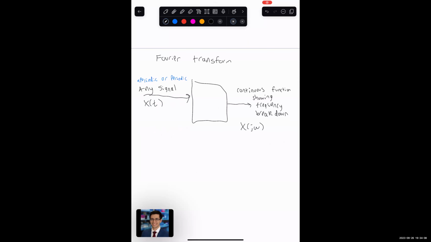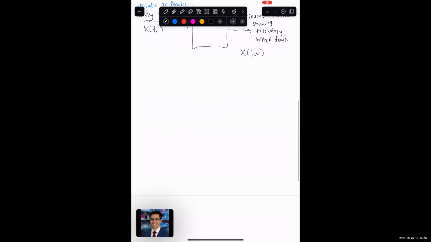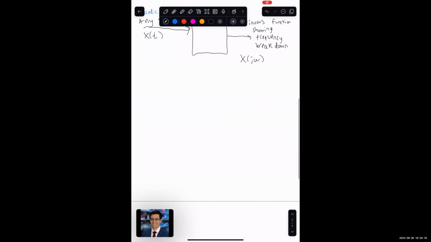Okay, so very briefly, I don't want to take up too much of your time, but just going over the formula really quick and showing you how it works conceptually. We're not gonna do any problems today. So what this looks like is based on this formula. This is a Fourier transform, right?